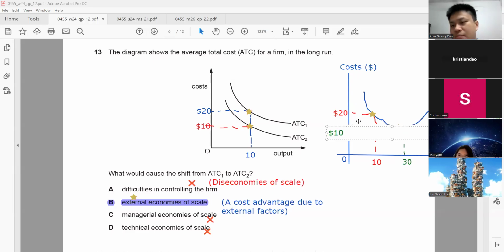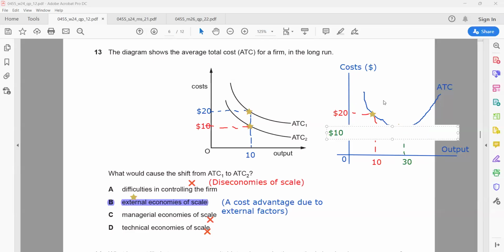Average cost becomes 10 per unit of output. So this I can show as an economy of scale. When you produce more output, your average cost becomes lower. I believe they will not really ask in paper 2, but mostly in paper 1. Okay, so this is the economy of scale.